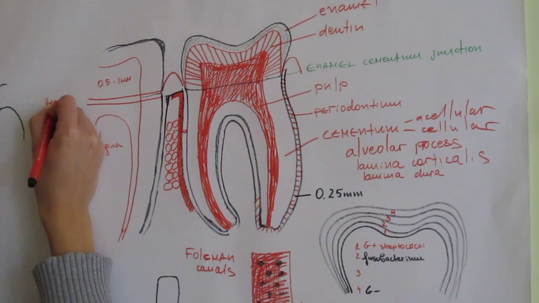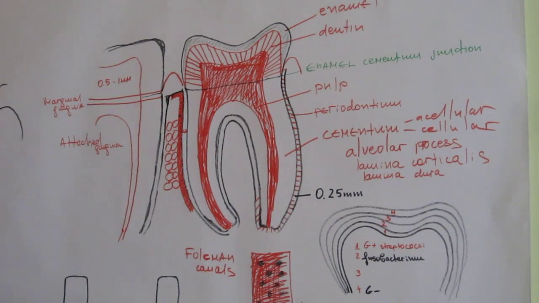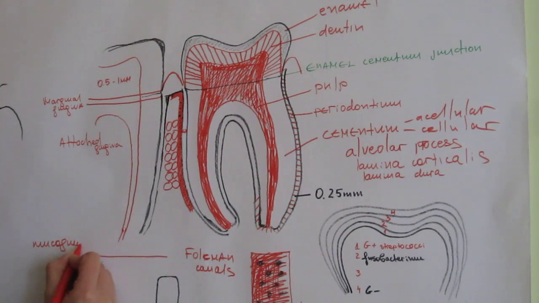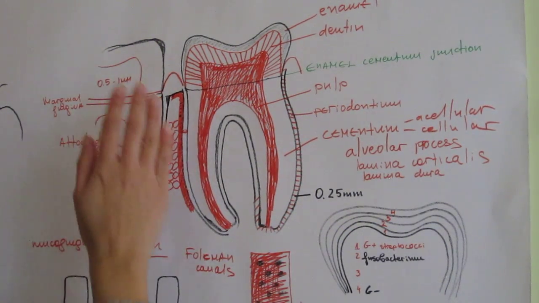Now we have marginal gingiva, attached gingiva, and at the bottom, in the vestibular and the lingual direction of the tooth, there is a mucogingival junction. Let's say this is on the mandible.